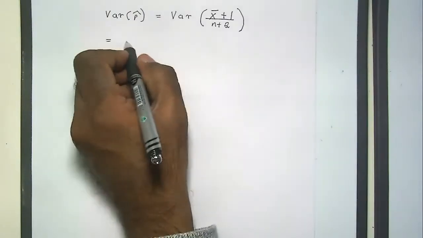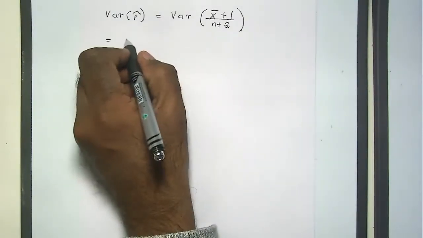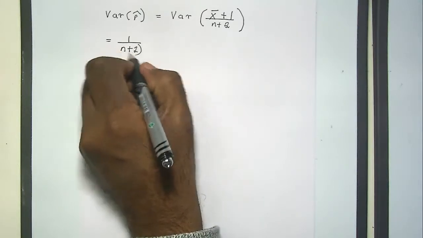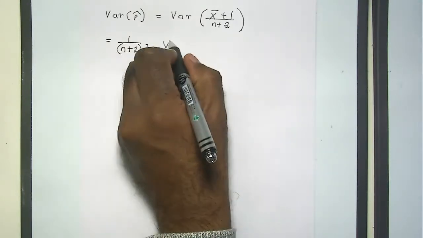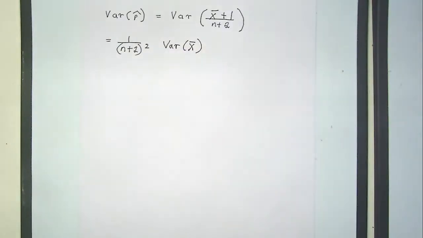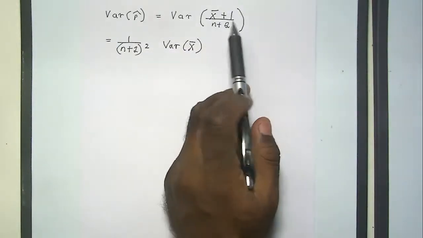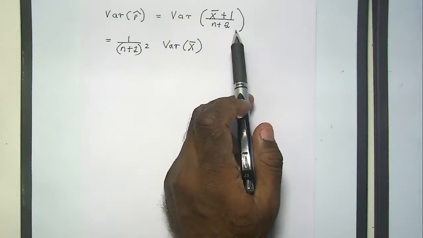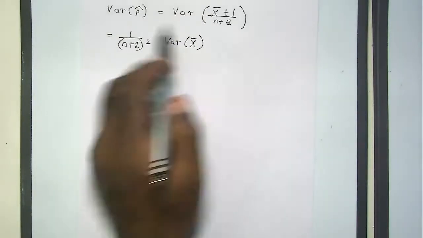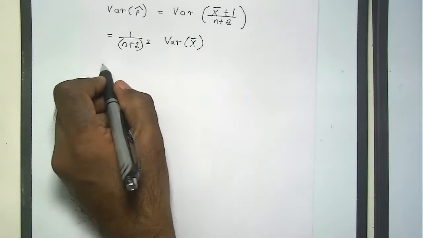Now using the rules for variance, because adding a constant does not make a difference to the variance, and when you pull out the constant n plus 2 outside, you need to square it.